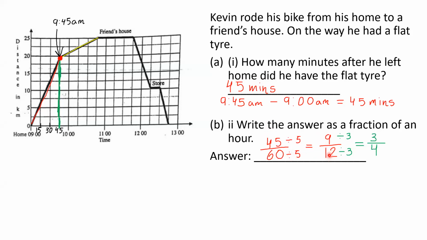Then we divide 9 and 12 by 3. 9 divided by 3 is 3, and 12 divided by 3 is 4. So the answer is 3/4. Where did the 3 come from? We could just use any number that can go into both of them, yes.